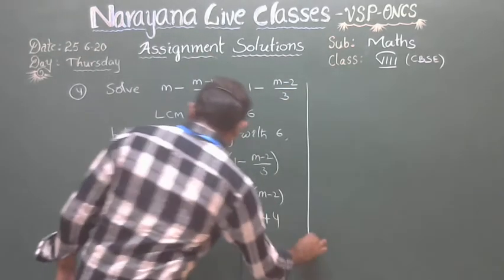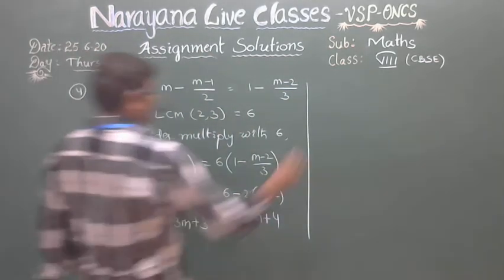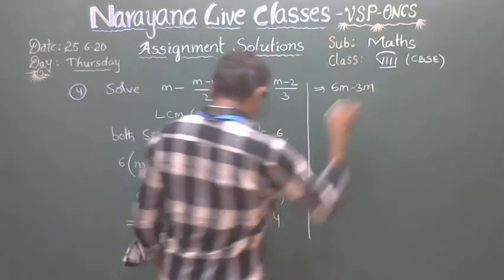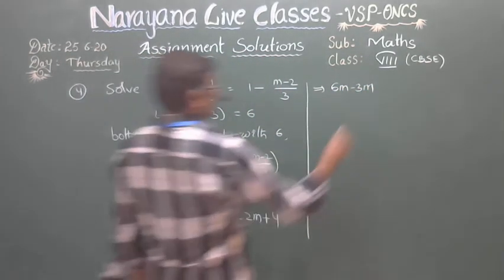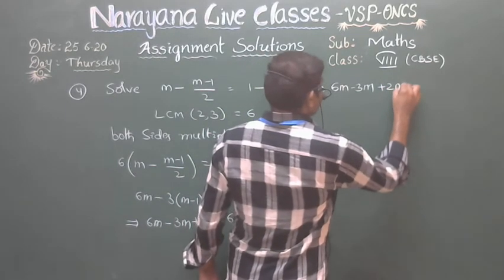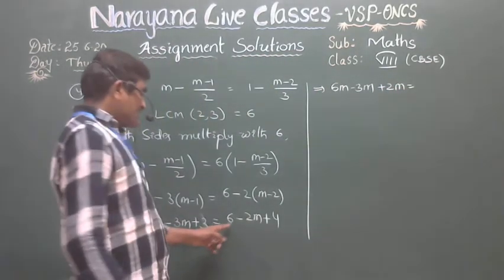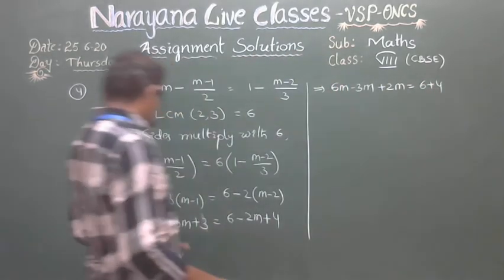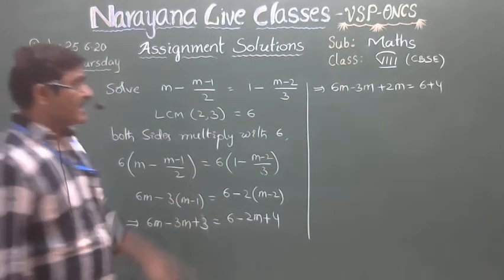Then what will you get here? 6m minus 3m, this minus 2m will be transformed to the left side as plus 2m, equal to 6 plus 4 already we have here. Now this plus 3 will be transformed to the right side as minus 3.